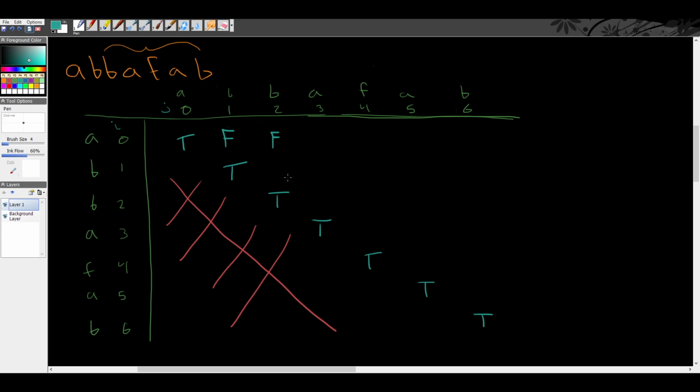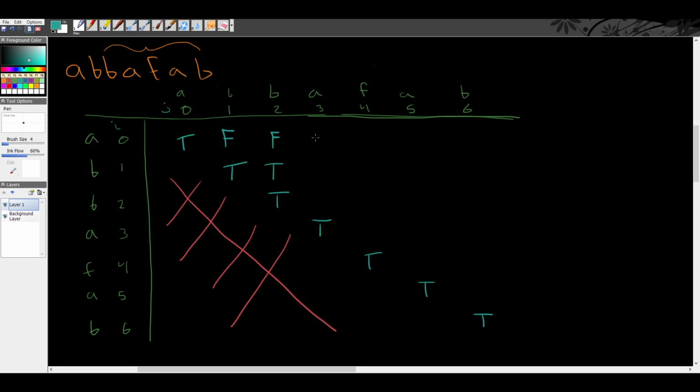So whenever you're against this diagonal and you're considering palindromes of size 2, you're just going to look at the character next to it. Are these characters the same? Yes. True. And that makes sense, right? 1 to 2, BB, is a palindrome.